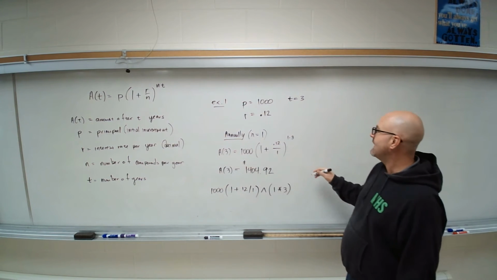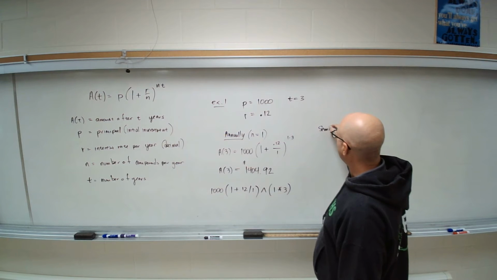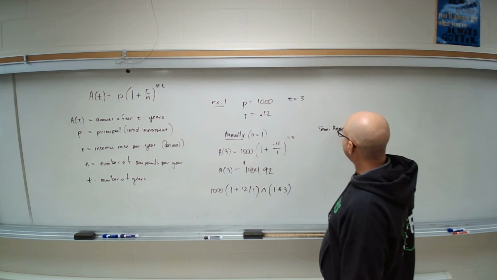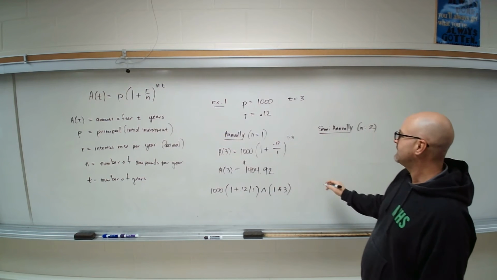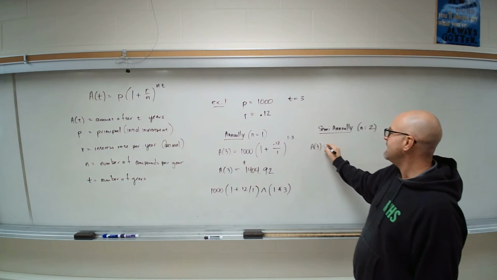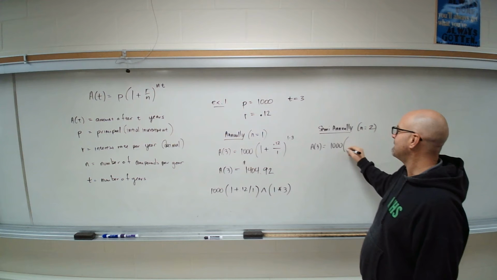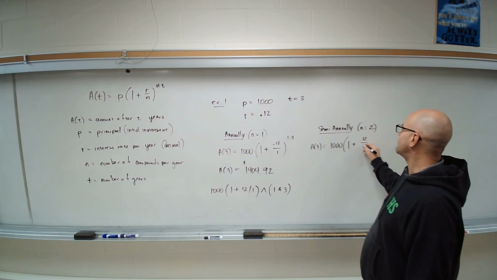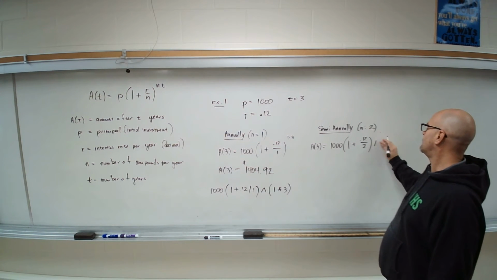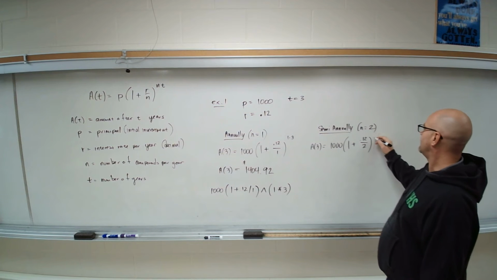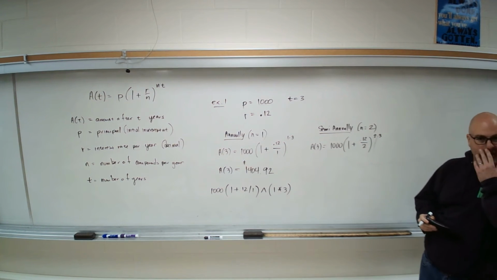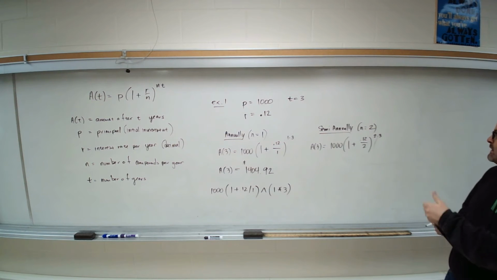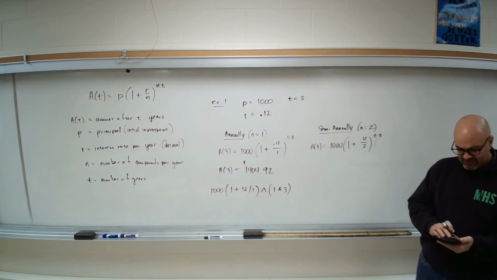Okay, so let's go ahead just to write that out, and then we'll look at the rest quickly. In this case, n is equal to 2, so A of 3 is 1,000 times (1 plus 0.12 divided by 2) to the 2 times 3 power, right? 2 is n, the number of compounds per year, and 3 is the number of years.